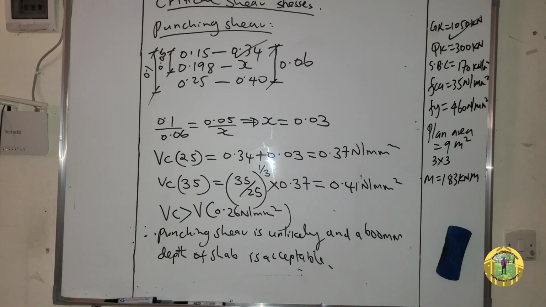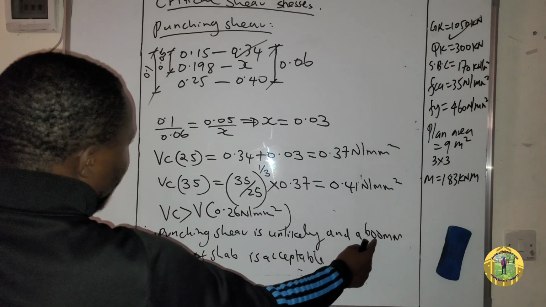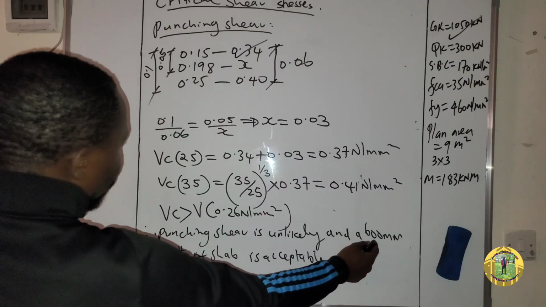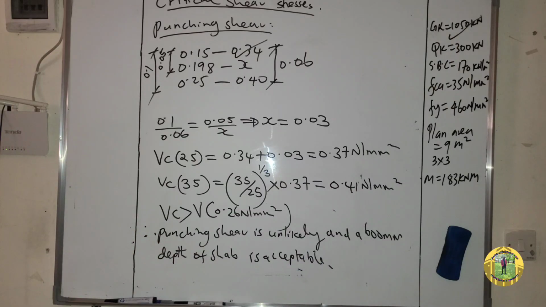So what to do if it occurs? Increase the depth of the pad base. So if this depth was not enough, now you will redesign using another depth. Maybe you increase to 700, 800, etc. Remedy number 2, increase the plan area of the footing.